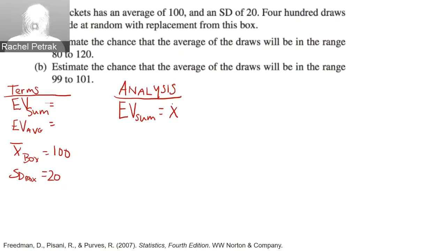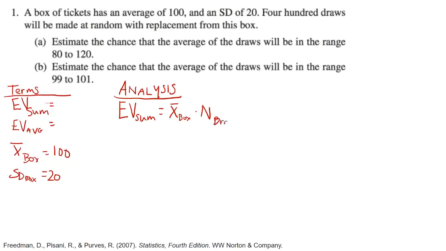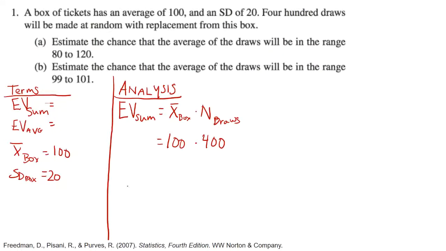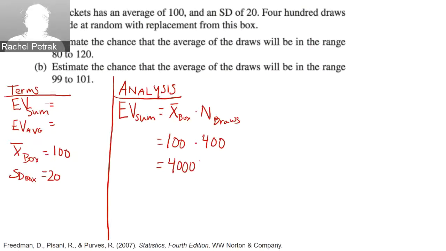So we can get the expected value for the sum as the mean of the box times the number of draws. The mean of the box is 100. The number of draws is 400. So the expected value is 40,000, give or take.